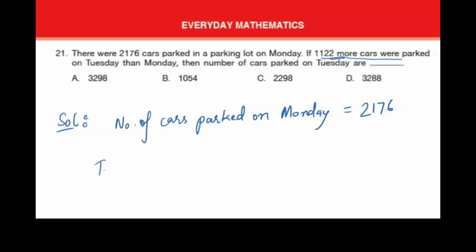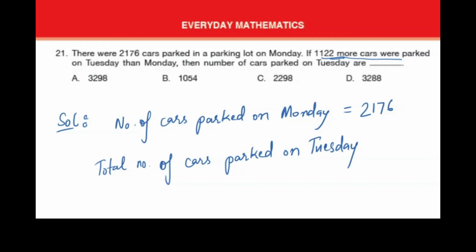So to find total number of cars parked on Tuesday is equal to Monday plus 1122.